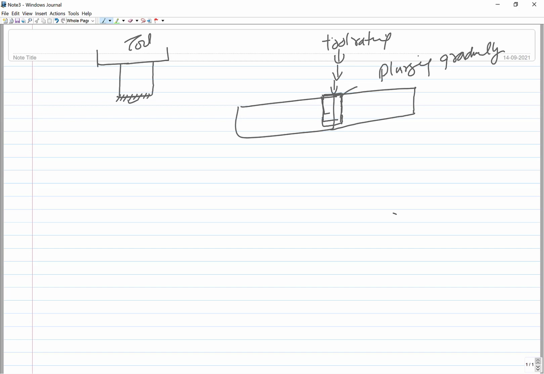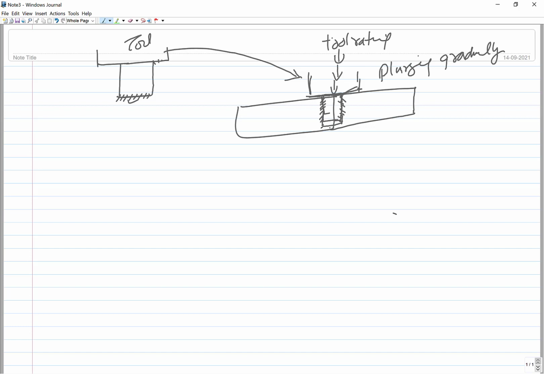Once the whole of the pin has penetrated, your shoulder should come in contact with the surface of the workpiece. Let's say this is the position when the tool has been completely plunged to the desired depth. In that case there will be three zones that will be producing heat due to the friction as well as deformation.